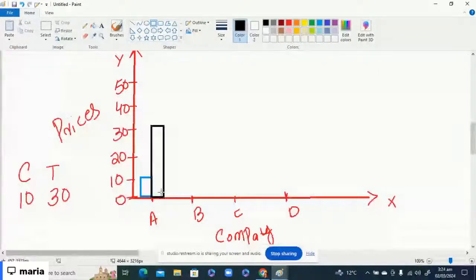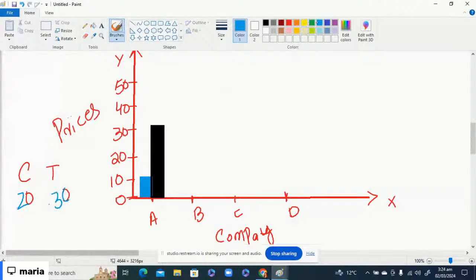All right, this black bar shows the number for the table, that is 30 for company A, and the blue bar shows the couch, that is 10 for company A. Now let's do company B. For company B, the couch is 20 and the table is again 30.